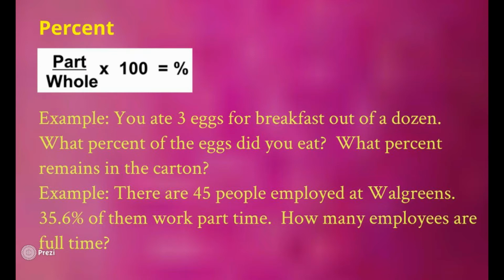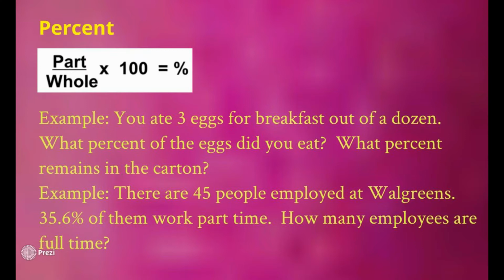Well, here's the thing. A lot of people automatically start putting everything into here. They're like, okay, I have to find this, and I have 100, and that's a percent, so I'm just going to plug that in, right? What's the problem with this right off the bat? If you solve for X, that's not going to give you the employees that are full-time.